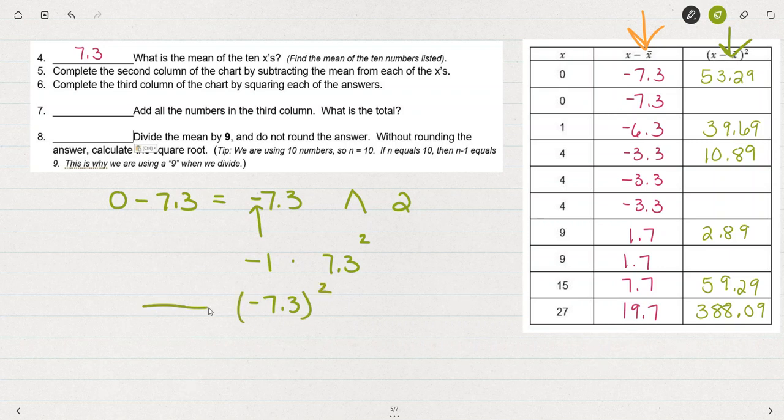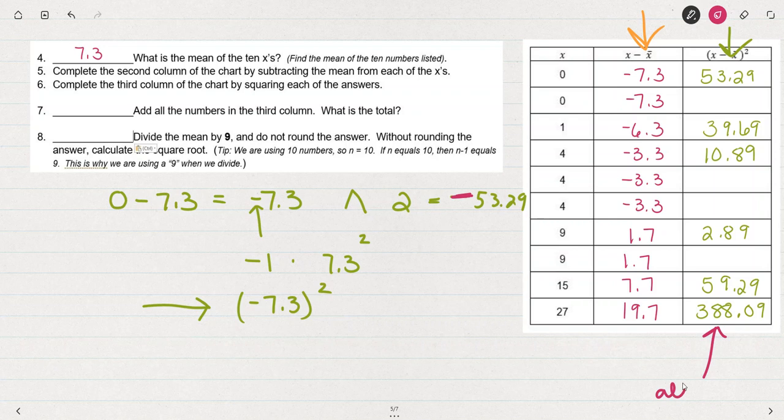But this, where we're squaring the whole number, including the negative, is what we want. So if your calculator spits out the answer negative 53 29/100, then you know that that's got to be wrong, because the square of a negative is going to be positive.